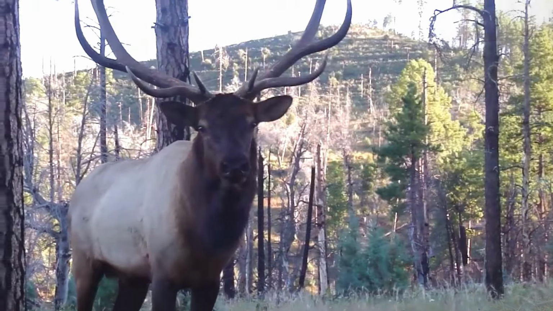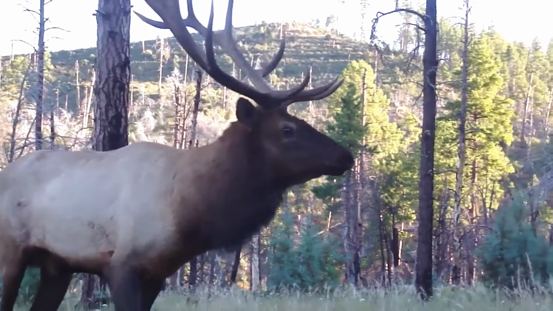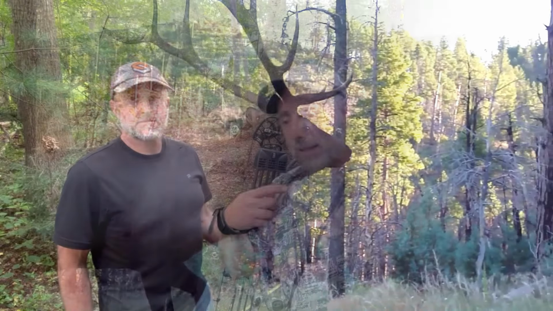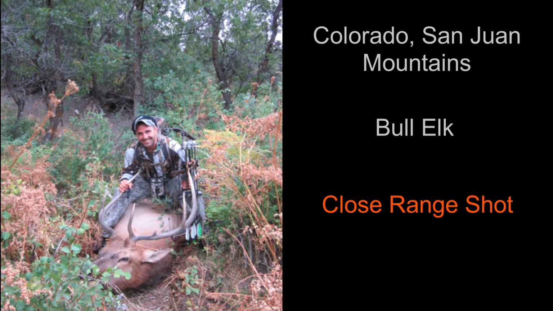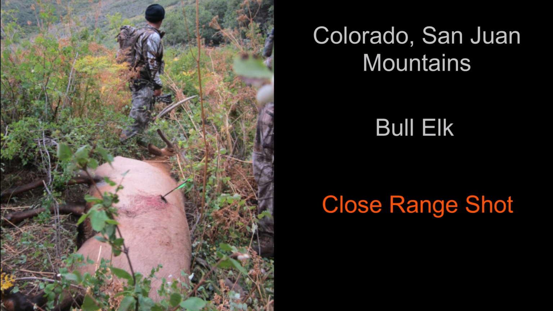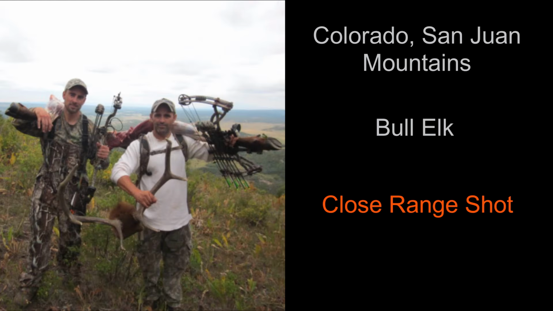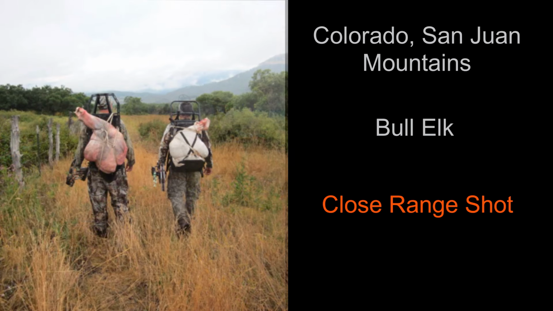I'm like, wow, if he shoots, that elk's gonna run him over. So he had the wherewithal to stay at full draw. That elk turned broadside. He shot him at less than the distance of the length of his arrow. And of course he shot a little low, but you couldn't even see where you were gonna hit the elk, it was so close. So think about it. You go on an $8,000, $10,000, $15,000 trip and you have no idea where your bow shoots at that range. And that happened to me and my best friend hunting buddy on the first elk trip in Colorado. So think about it. You better know how to do this.